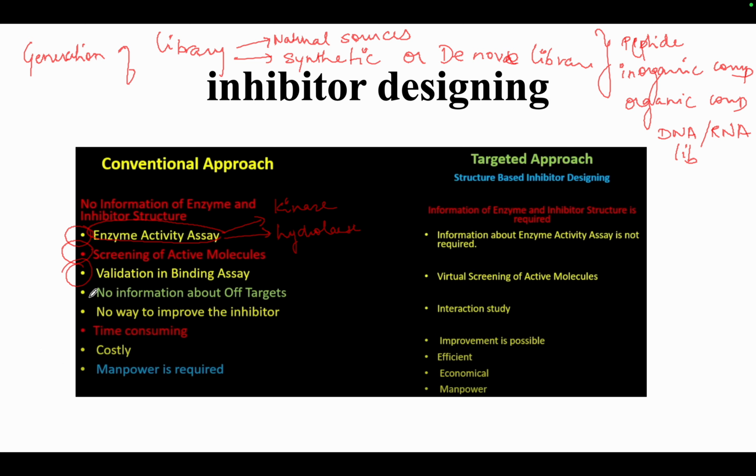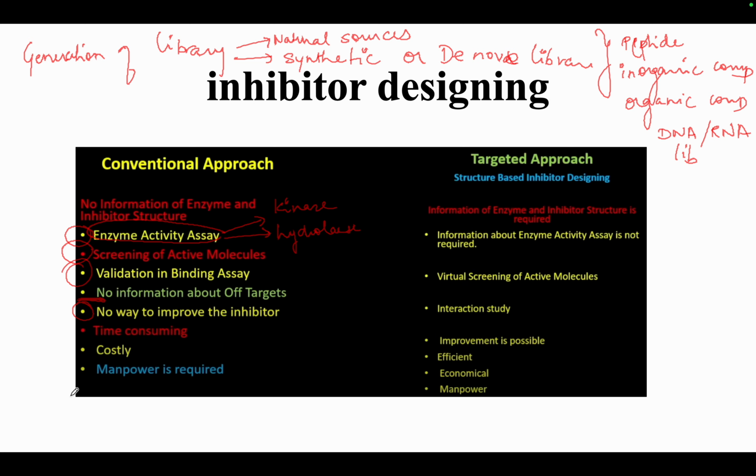One of the drawbacks is that we don't have information about off target effects, whether the library member is actually binding to that enzyme or doing something else.